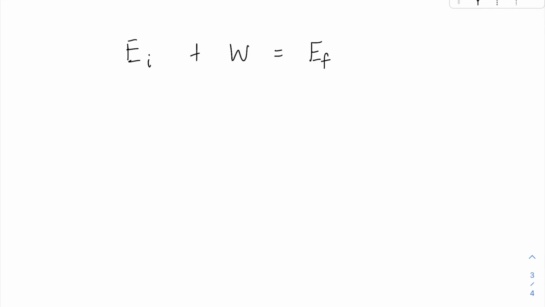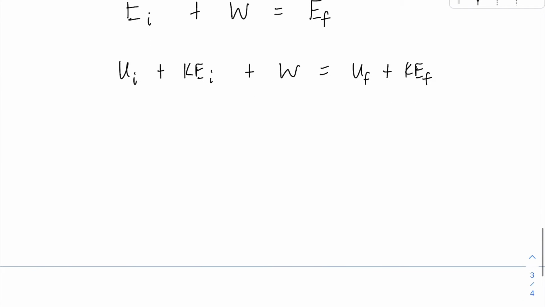And initial energy of the system is potential plus kinetic initial plus work equals potential final plus kinetic final. And now this potential energy here could be made up of both spring potential energy and gravitational potential energy.